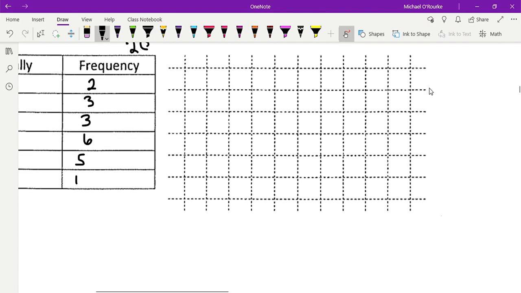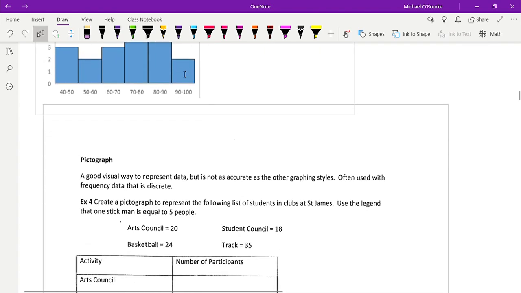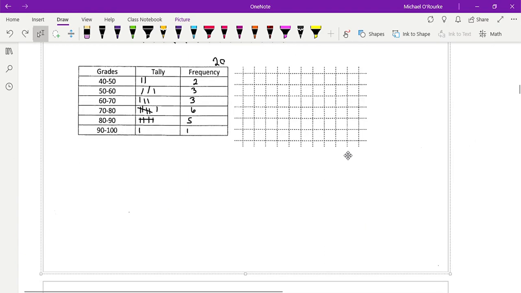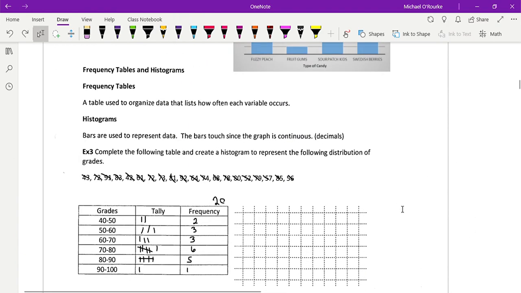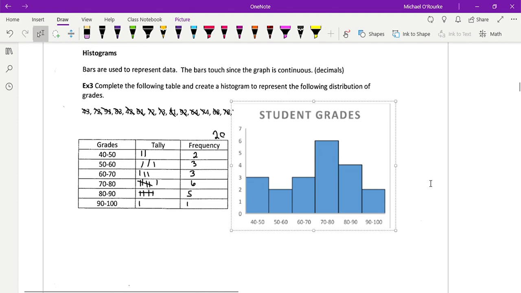So as I was doing this, if I were to whip up a histogram really quick, where's my paste? So if you take a look at my histogram here, they're all connected.